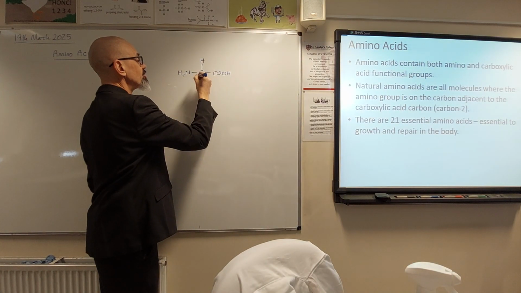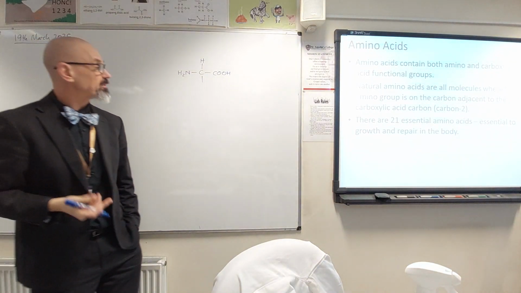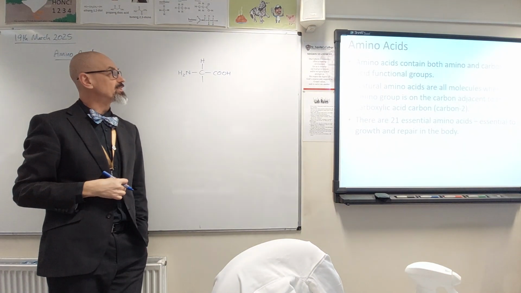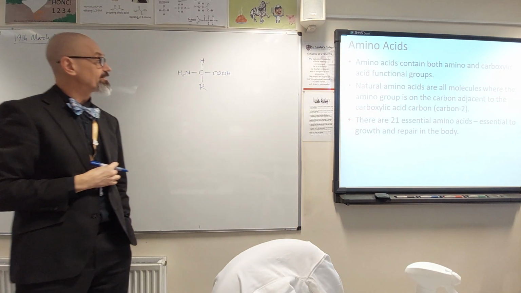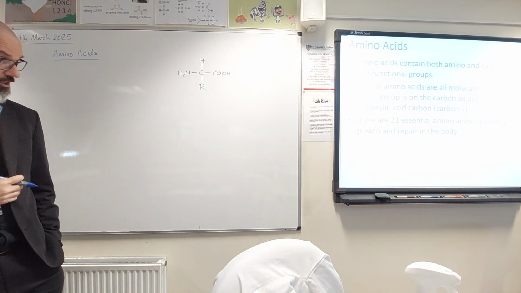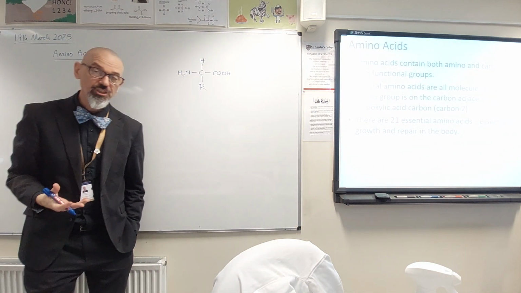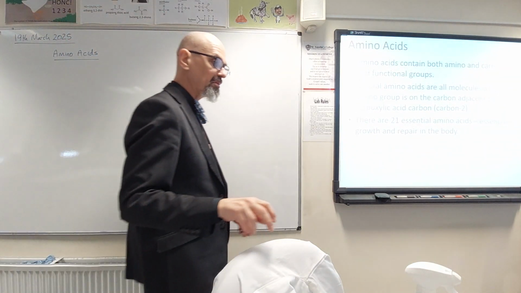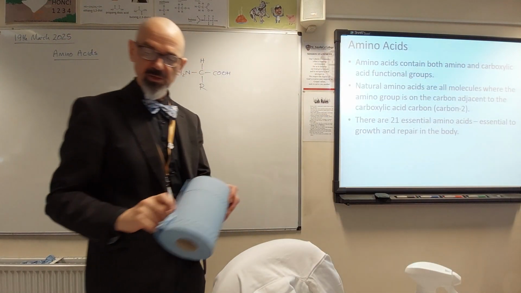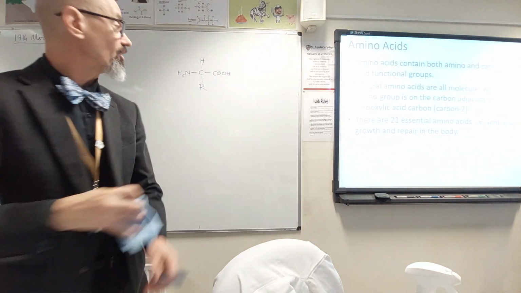If I put a hydrogen on there, it doesn't have to be a hydrogen, but let's assume it is for the moment, and then change the R group down here, I have an option to make a whole bunch of different amino acids. So the simplest possible amino acid would be with a hydrogen on there.